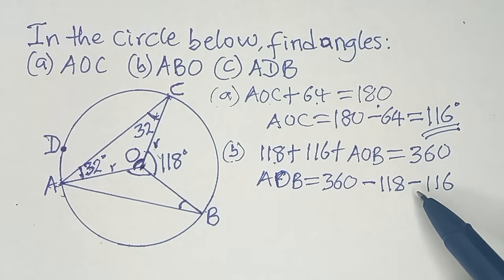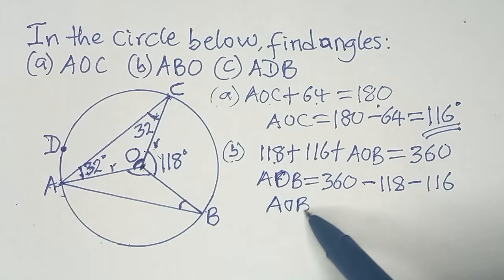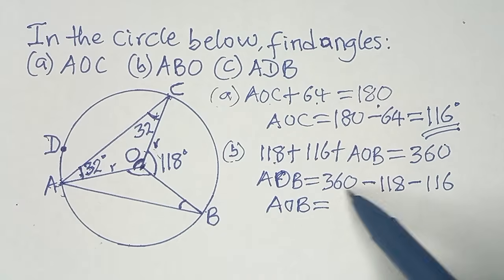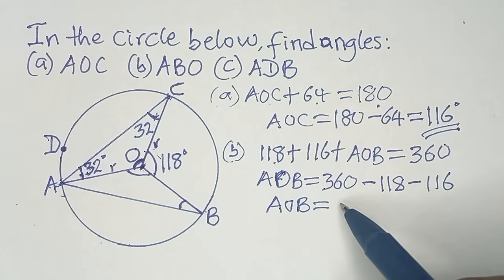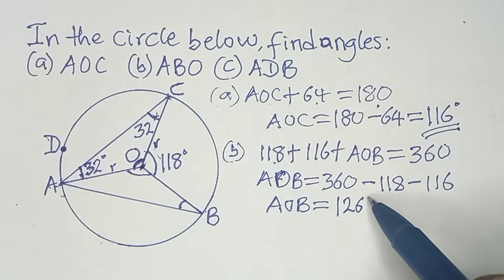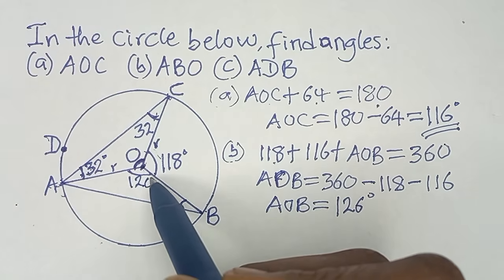So AOB will be equal to 360 minus 118 minus 116, which gives us 126 degrees. That is the value of this angle here.